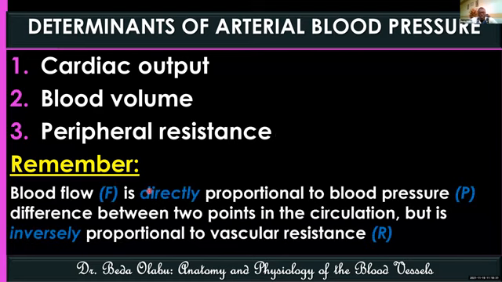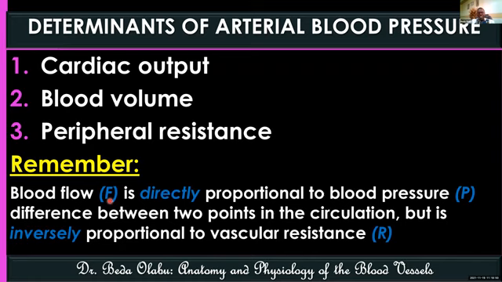Remember that formula, F is equals to change in P over R. So if you go back to the assignment I gave you about thinking about that formula and rearranging it, we can say this. P is equals to F times R. And remember, F is blood flow.